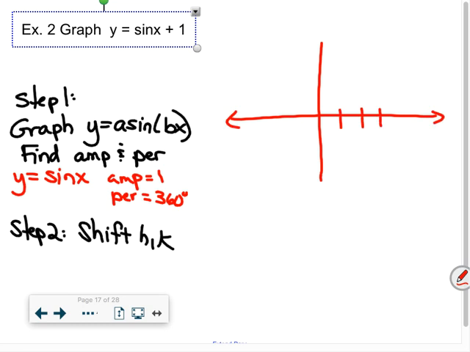So I'm going to make 4 tick marks to the right, label it the period length, 4 to the left, and just mirror that with your negatives. And because I'm going to eventually go up 1, I made my extra tick up. We'll deal with that in step 2.